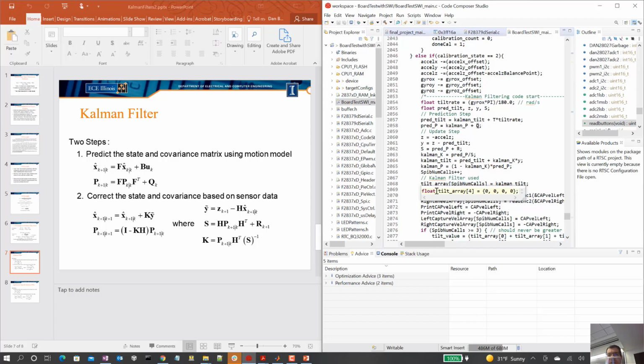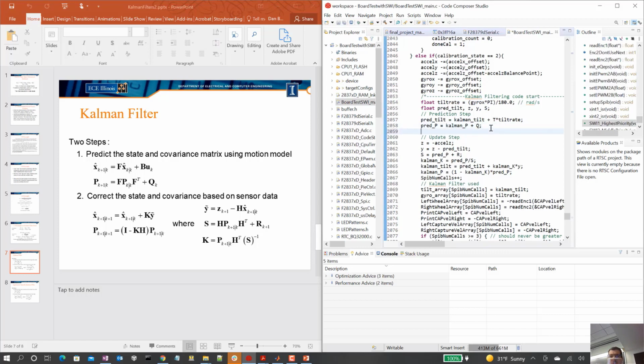I think what I did is, yeah, what I probably did there is I would say right here, Kalman tilt equals predict tilt for the next time, right? So in the normal prediction, this would be like the old state. Boom, boom.